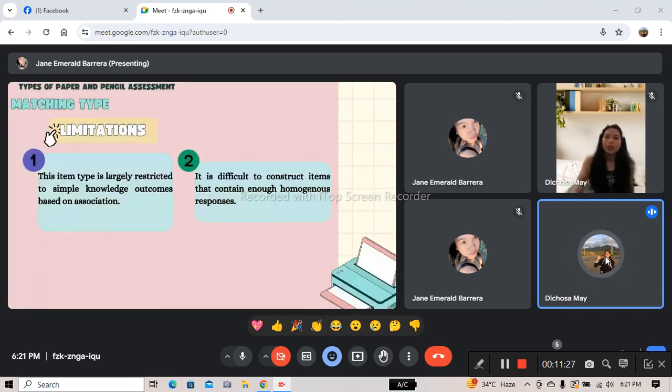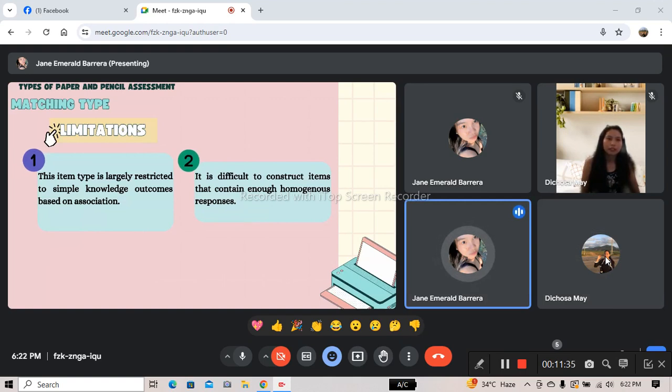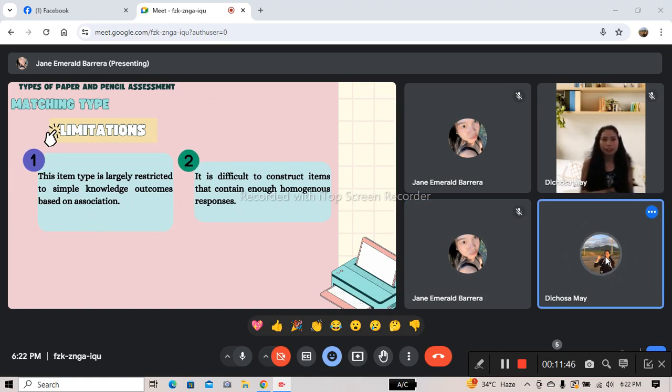Number 2, who wants to read? Okay, Jane. The next limitation is that it is difficult to construct items that contain enough homogeneous responses. Thank you, Jane. That means it is very difficult to construct enough homogeneous responses, because when we say homogeneous responses, the responses you made have similarities, which may cause confusion for students in choosing the correct answers.